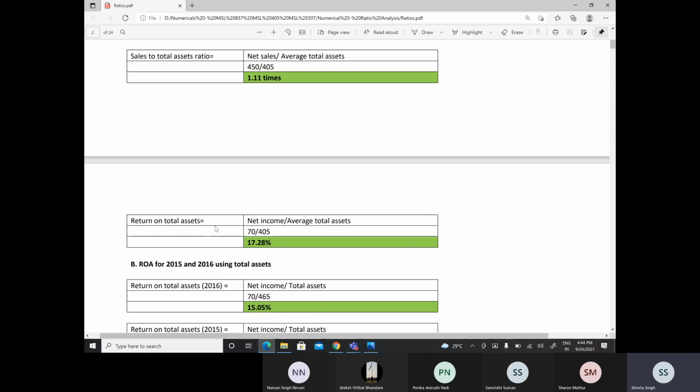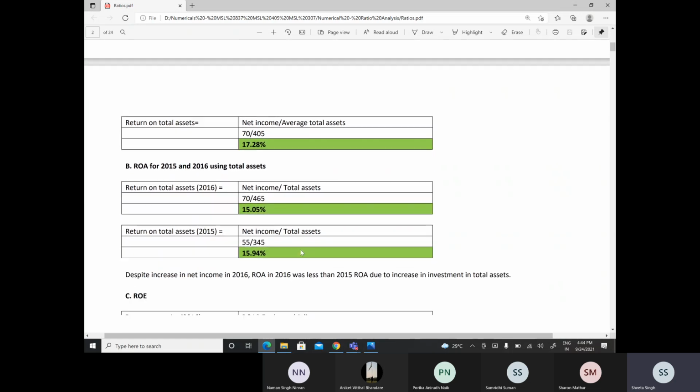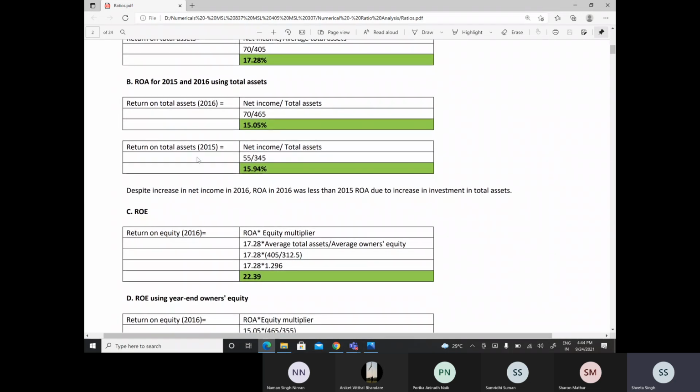Then the return on total assets ratio is net income divided by average total assets. So that is 70 divided by 405, which is 17.28%.